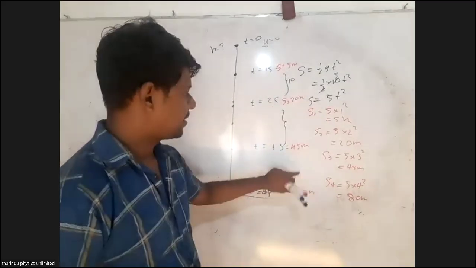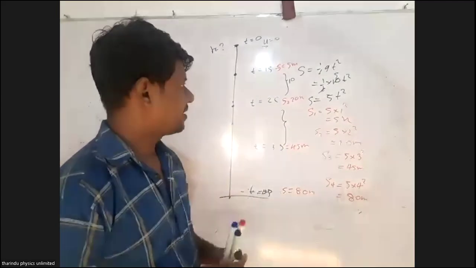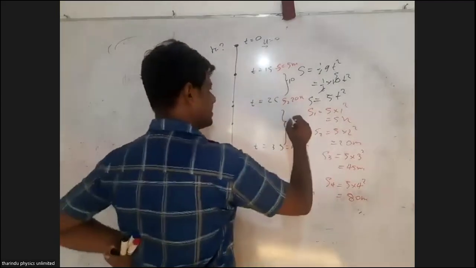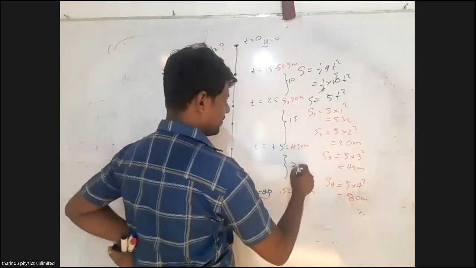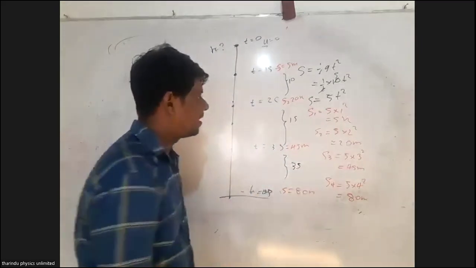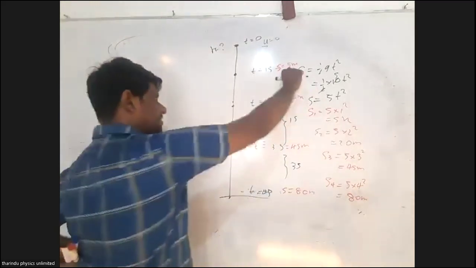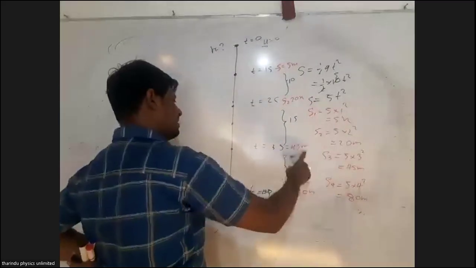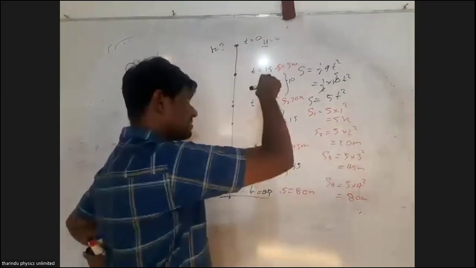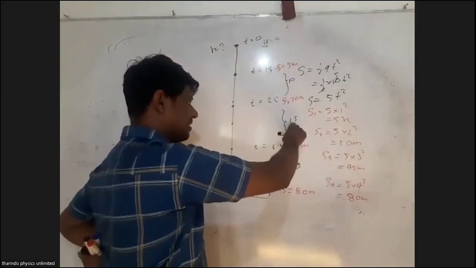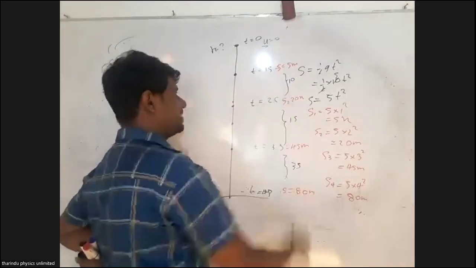Here, 45. So the difference is always increasing. See, 15 meters, then 25, then 35. In each second, you can see it has traveled an additional 10 meters than the previous.